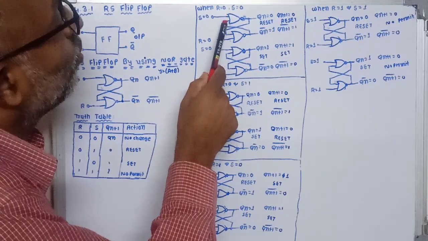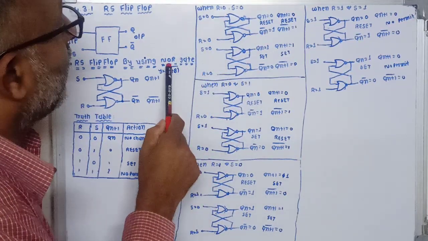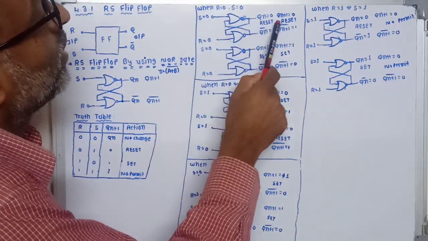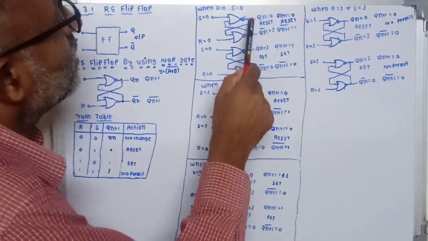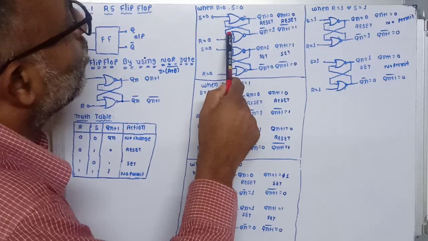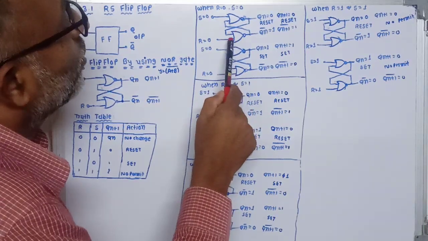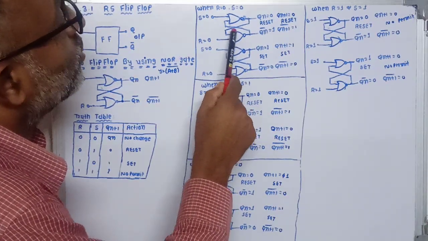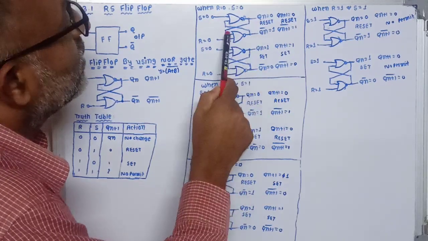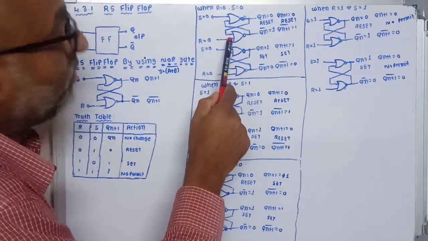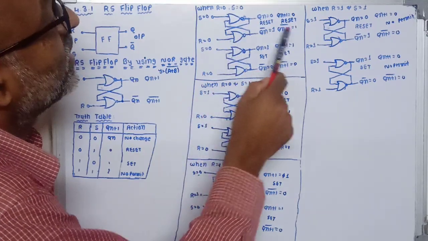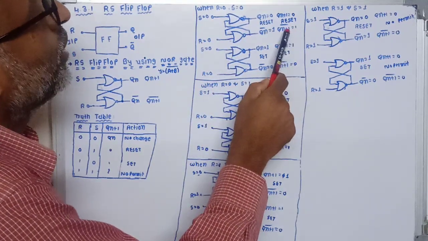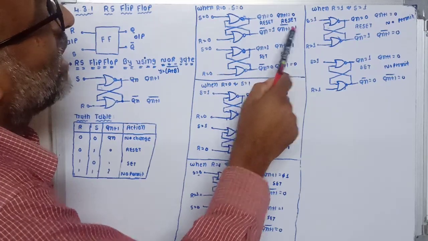So 0 plus 1 is 1, and its bar is 0. So our new output Qn plus 1 is equal to 0. Now this 0 is available at the lower input terminal of the second NOR gate. So the two inputs of this gate are 0 and 0. Both are 0, that means 0 plus 0 is 0, and its bar is 1. So our new output Qn plus 1 bar is 1.